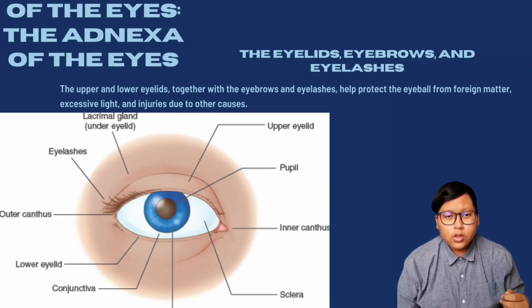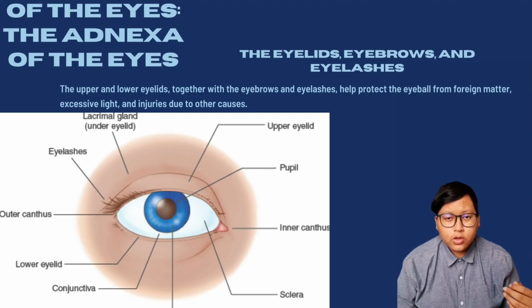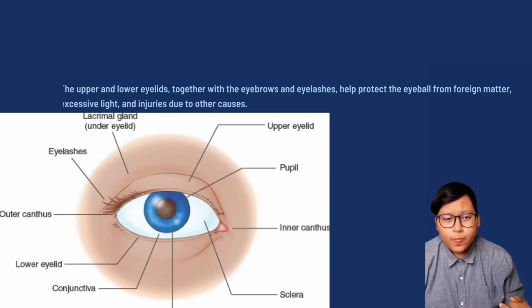The canthus is the angle where the upper and lower eyelids meet. The cilia, which are the small hairs, make up the eyebrows and the eyelashes. The tarsal plate is the framework within the upper and lower eyelids that provides the necessary stiffness and shape.